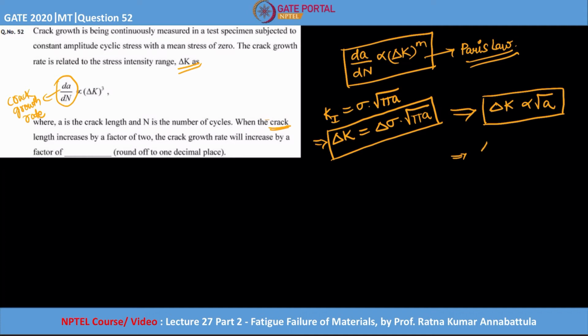In case 1 it is delta K1, divided by delta K2 in case 2, which is equal to root over A1 by A2.